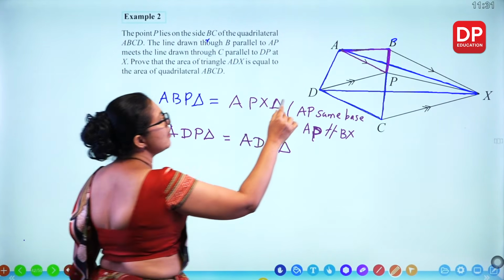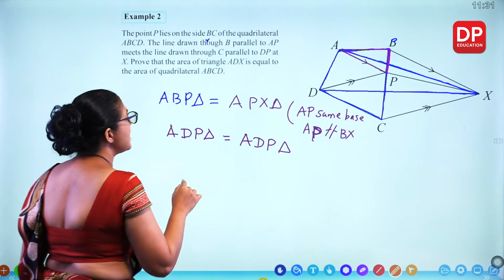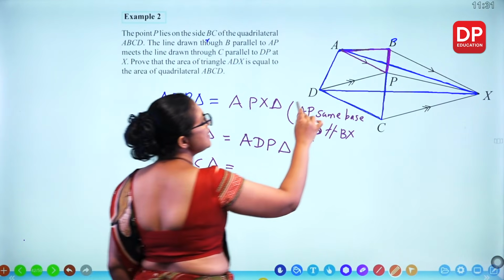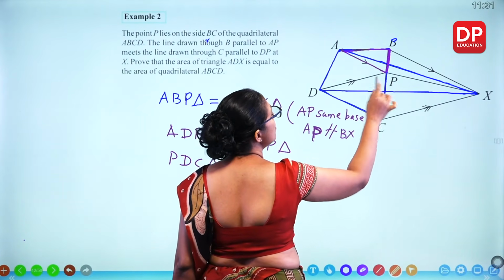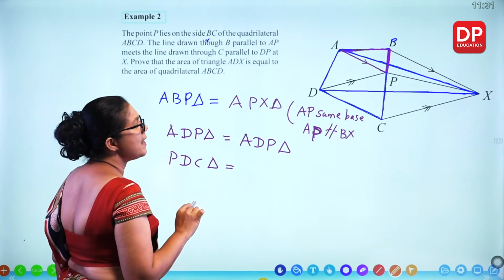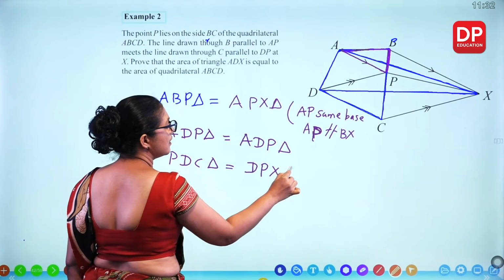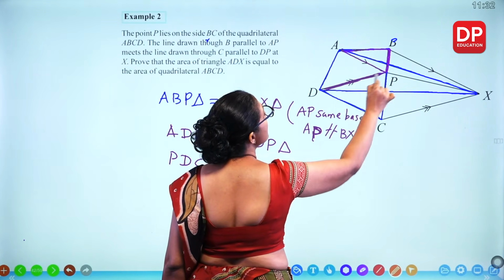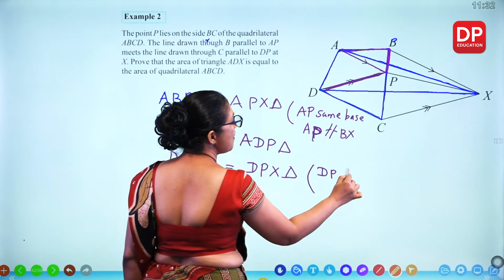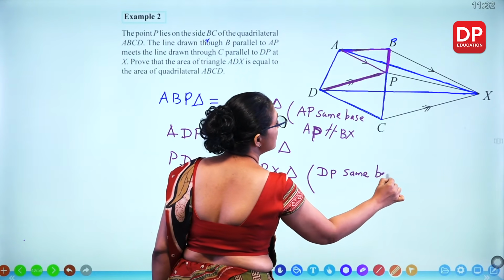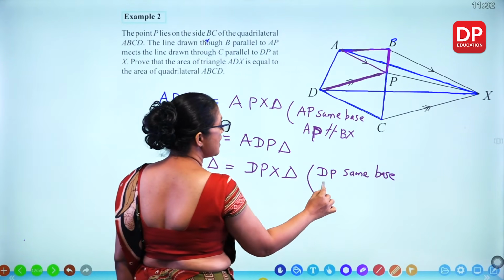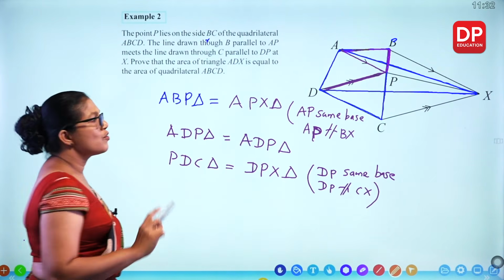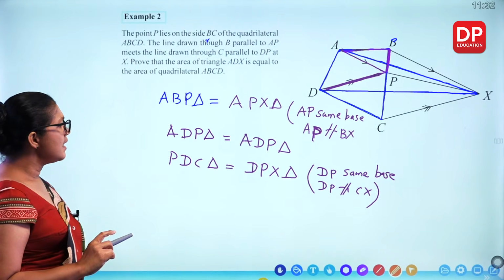Then I want this triangle, PDC. PDC is equal to which triangle? DPX. Why? If you take DP as the same base, and in between DP and CX parallel lines, those two triangle areas are equal.